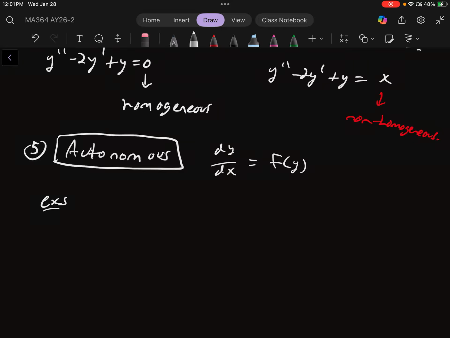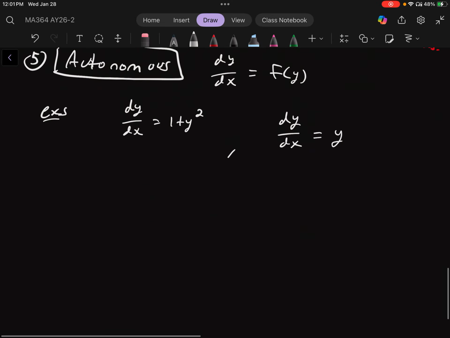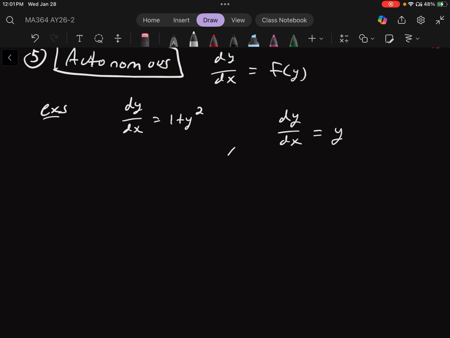Some examples of this are dy dx equal to 1 plus y squared. Notice the right-hand side has no x's in it. Or, for example, dy dx equal to y. These are two separate examples that tell us that these are both autonomous equations. If, for example, I put an x there next to it, that no longer would be autonomous.